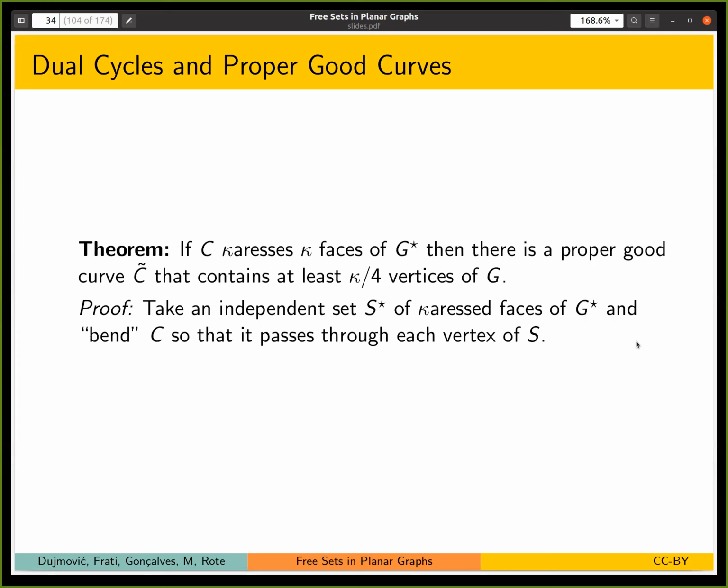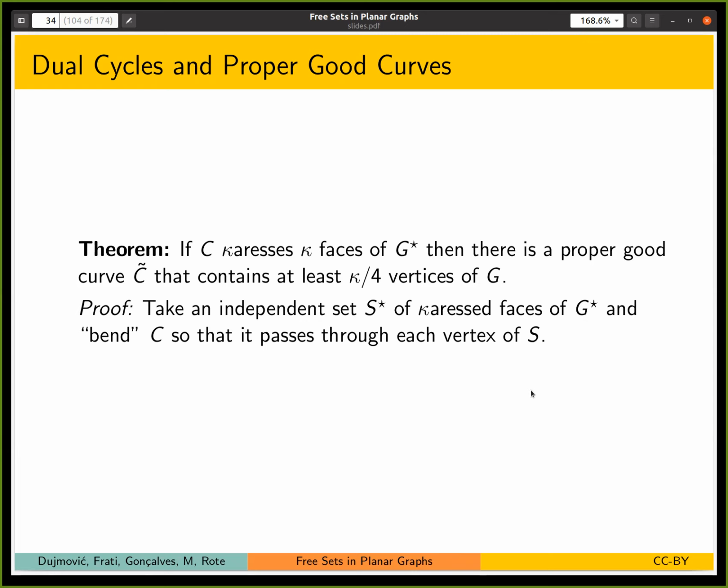So it has an independent set whose size is at least 1/4 of its total size. So as long as you do this with an independent set, no problems occur. You pick up all of the vertices from each of those caressed faces in the independent set.